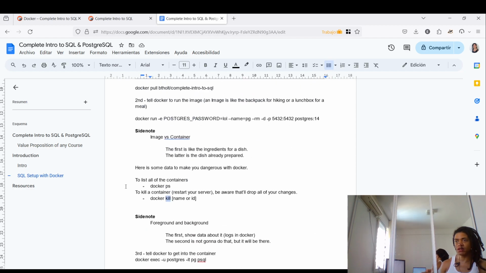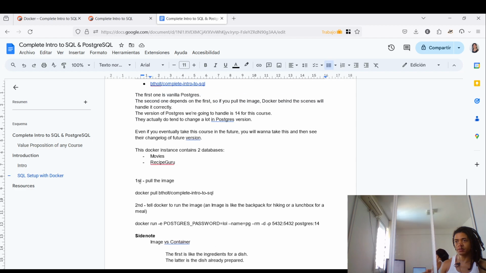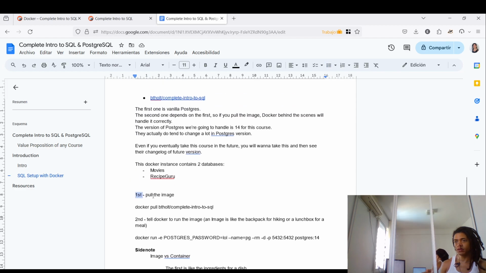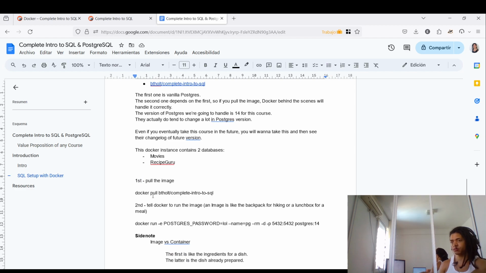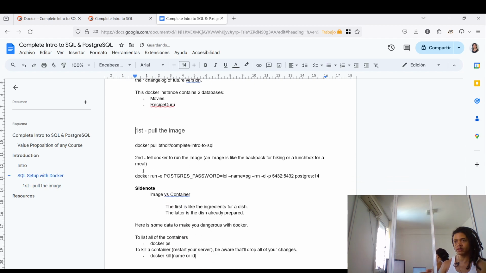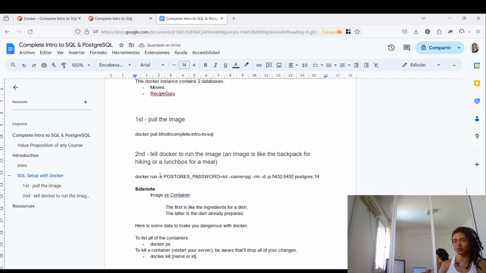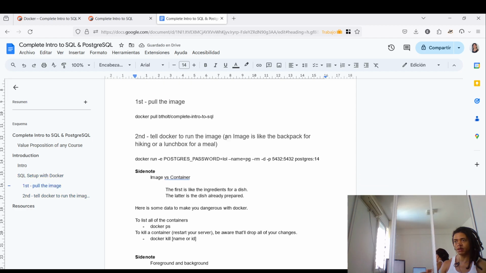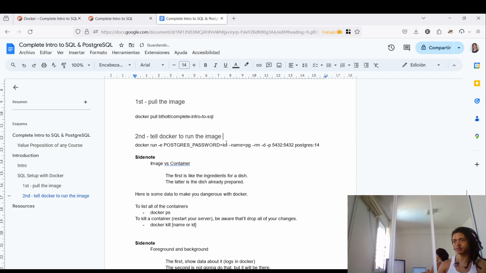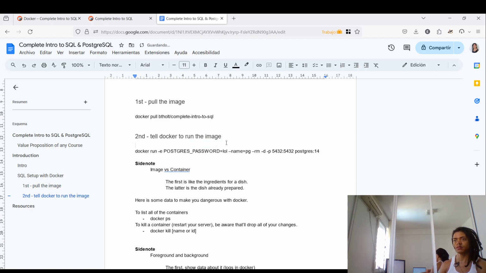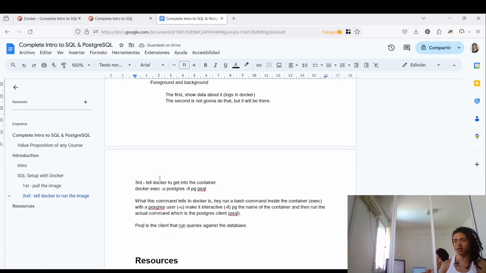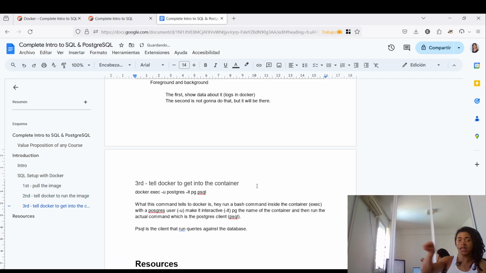And the third step, let me pull it here. First, pull the image. Second, tell Docker to run the image. The image is like a backpack. And then step three is to tell Docker to get into the container, which is this.